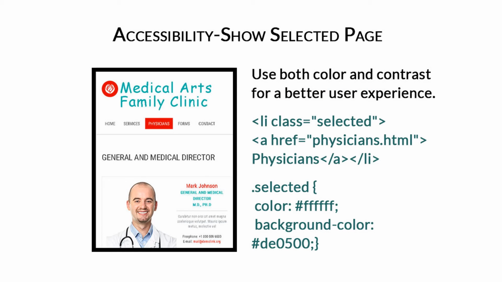A good tip for accessibility is to show the selected page. I have a screenshot here of the Medical Arts Clinic. The selected link has a red background and white text. So you need to use both color and contrast for a better user experience.